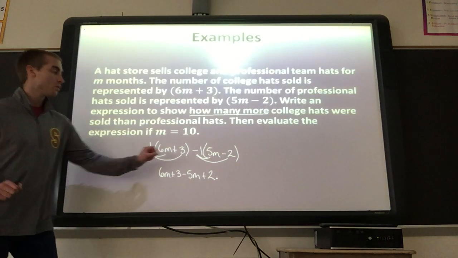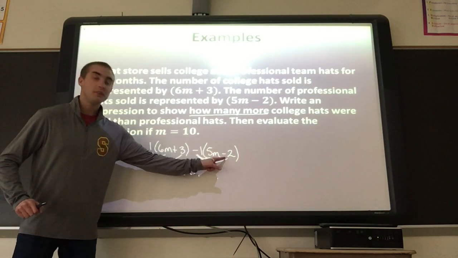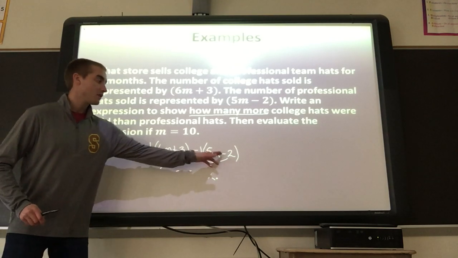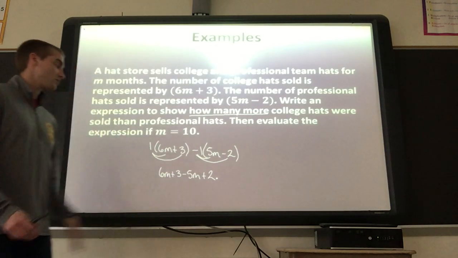So anytime you are distributing a negative number and you're multiplying it by something that has a minus sign in front of it inside the parentheses, minus 1 times minus 2, the 2 minuses cancel out, you have plus 2.